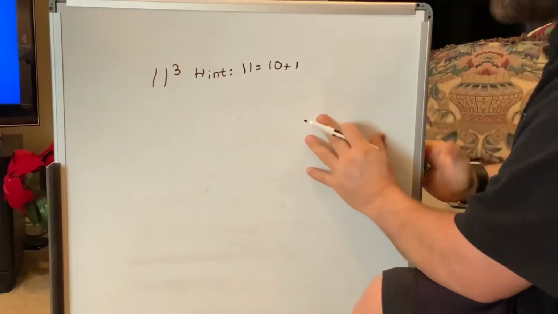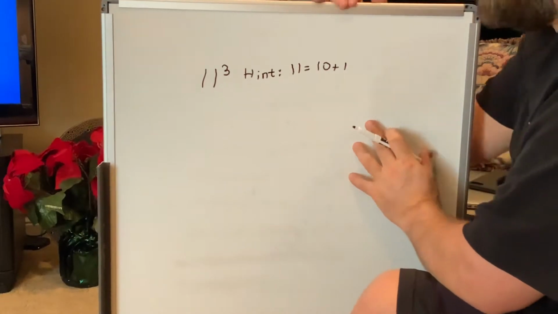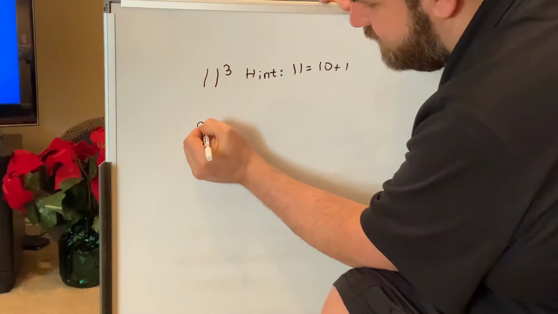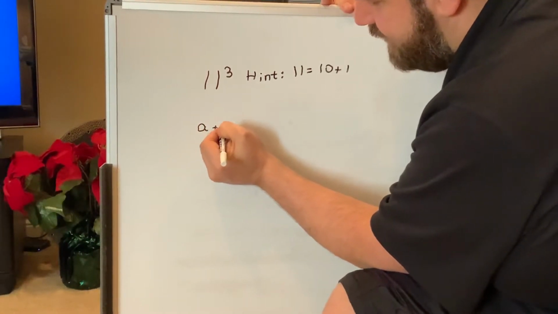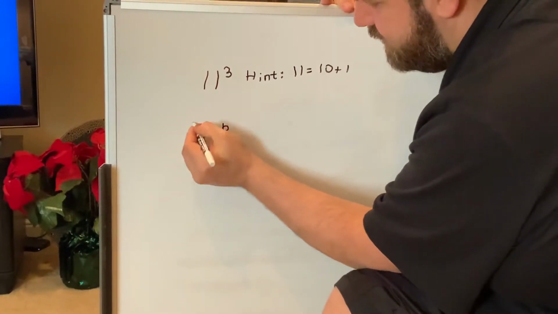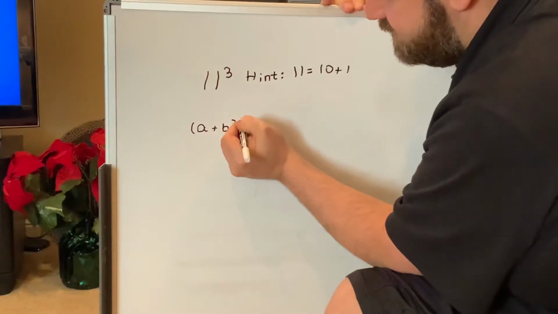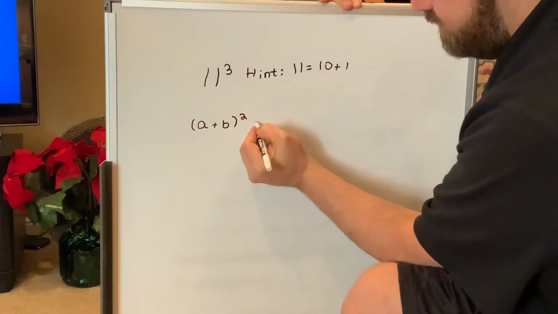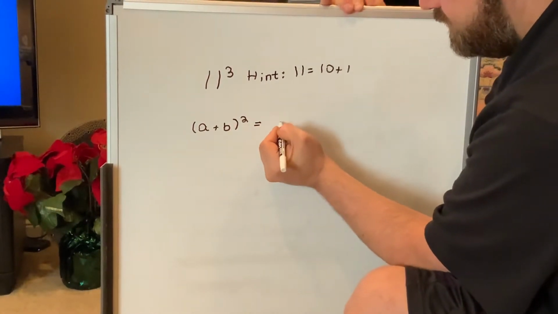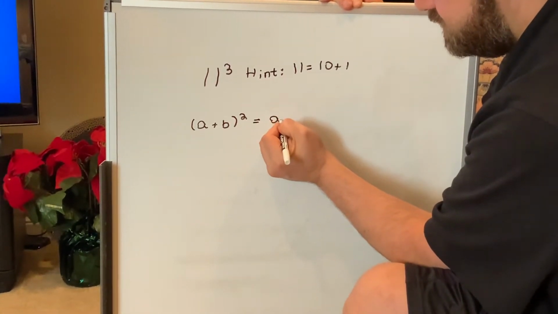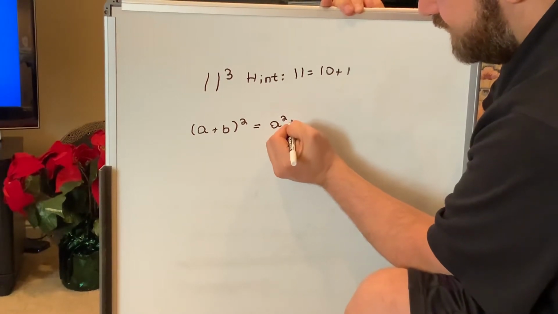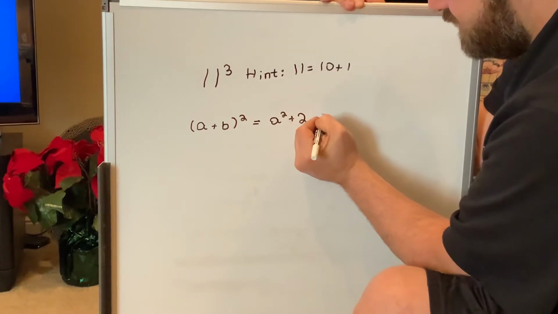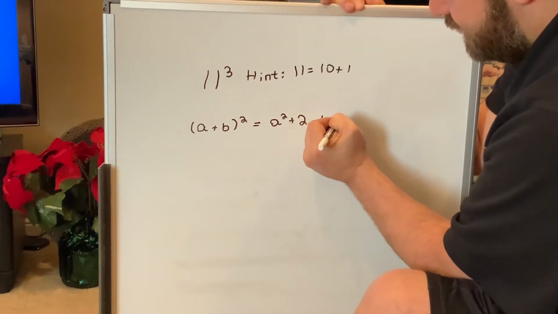Well, let's remember, if we take some number A plus some number B, and we square it, that produces A squared plus 2AB plus B squared.